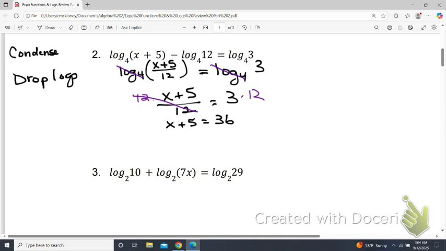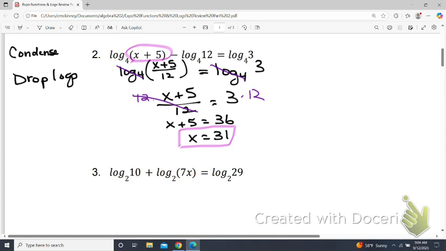Now, of course, we're going to subtract 5, and x is 31. And if I replace the x up here, 31 plus 5, 36, that's a positive number. So the solution is good. It is not extraneous.